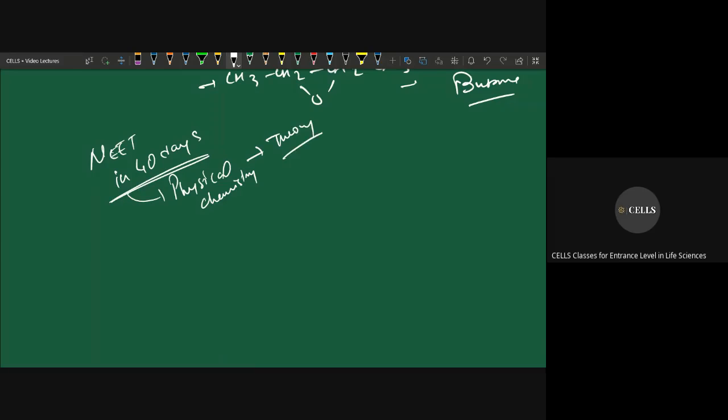If you don't have this book, I will give you the theory portion of physical chemistry in PDF form. I have this book, I can give you that. But for your practice, you can go through this book. This is an easy book. Or just wait for 1 week. I will give you some question answers, because I have some questions in my hand that will be easier for you.